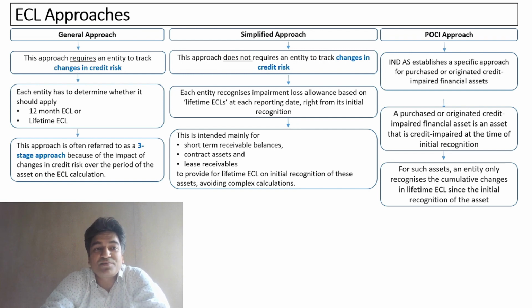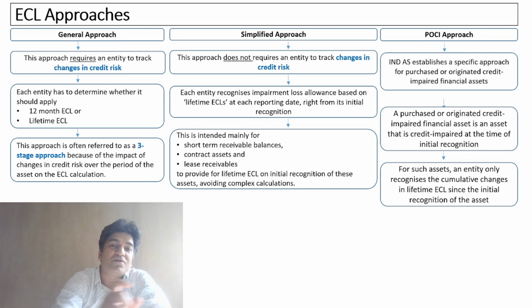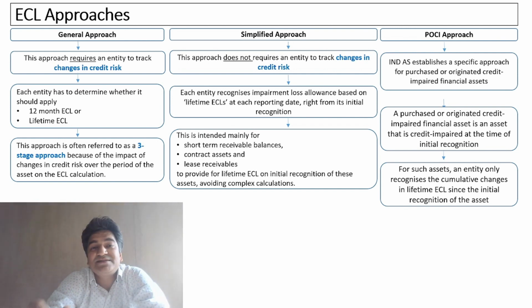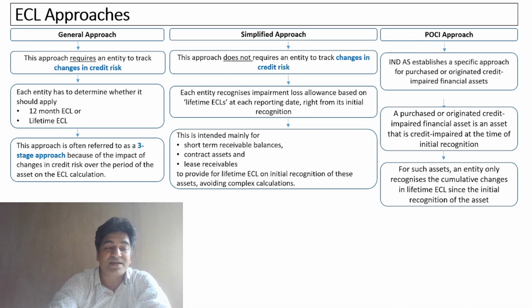However, in general approach, the entity is required to track the changes in the credit risk. In the general approach, an entity has to determine whether it should apply either the 12-month ECL or the lifetime ECL. We have already discussed 12-month ECL means possibility of a loan defaulting over 12 months time frame. Entity has to determine whether it needs to apply a 12-month ECL or a lifetime ECL.